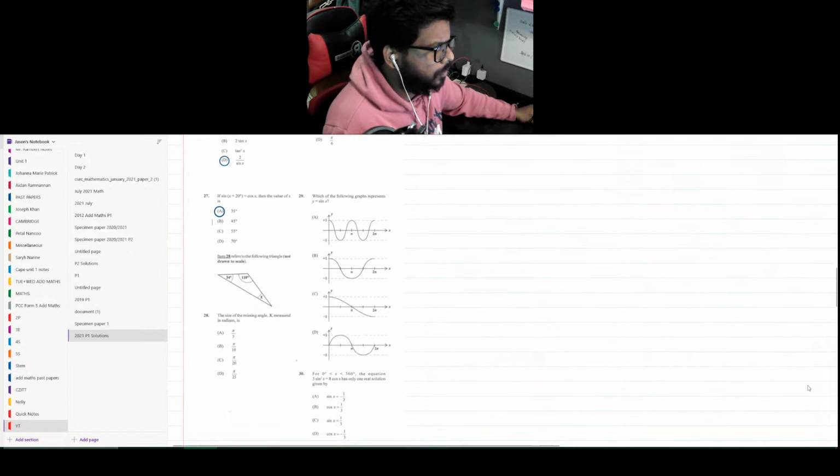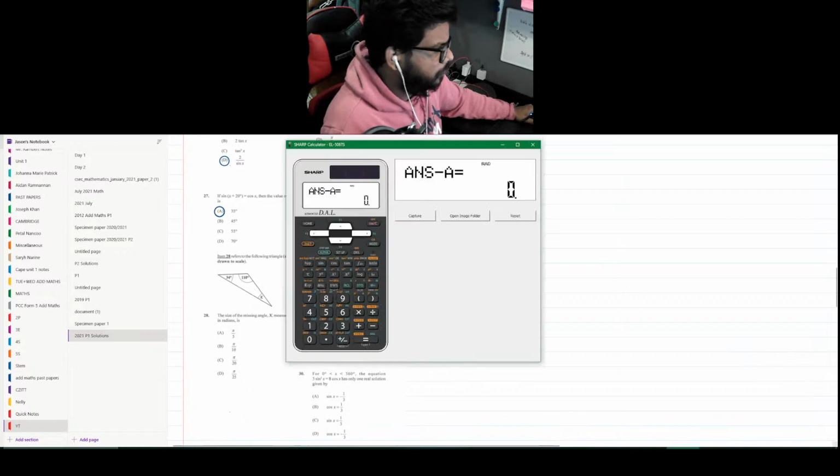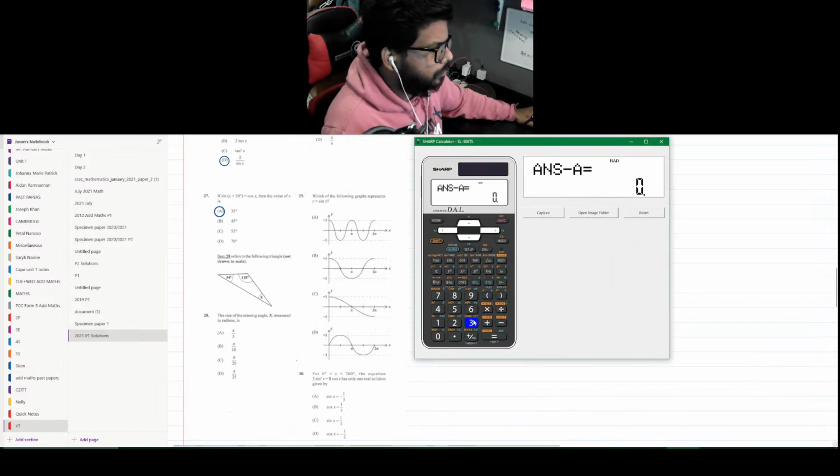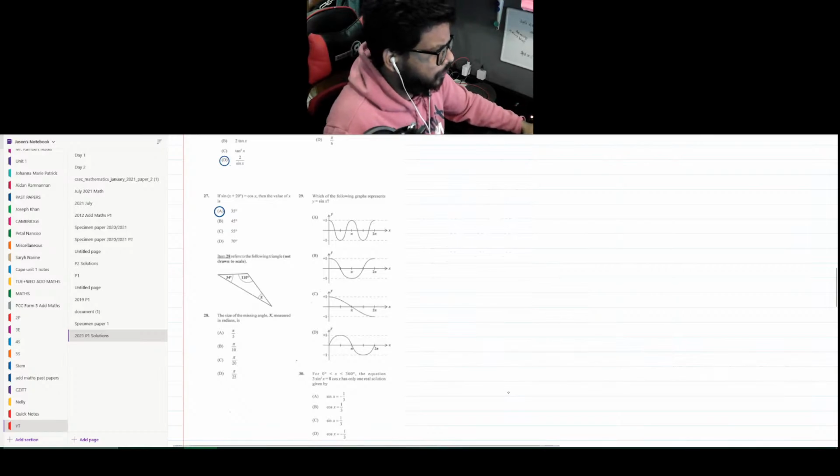The size of the missing angle measured in radians is, so we have 110 plus 34. Take it away from 180, we get 36 degrees. So 36 degrees to radians we multiply by pi on 180.